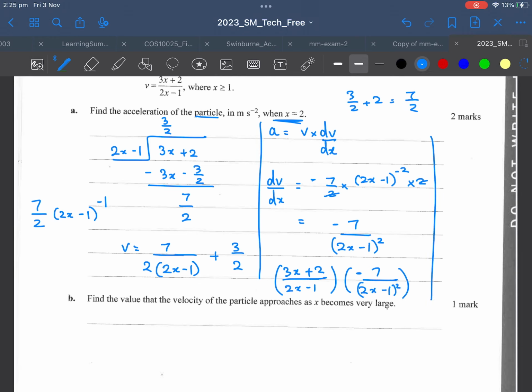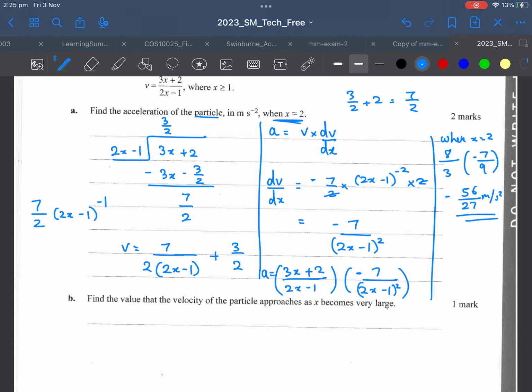Okay, so that is going to be our acceleration, and now I'm just going to substitute when x equals 2, which would be 6 plus 2, 8 on 4 minus 1, 3, times minus 7 on (4 minus 1), 3, 9. So that would be minus 56 on 27 meters per second squared.